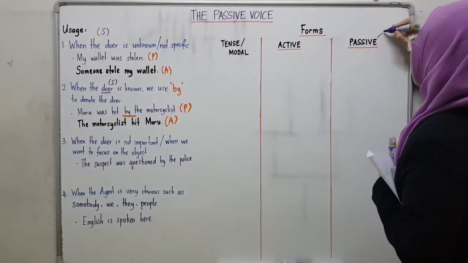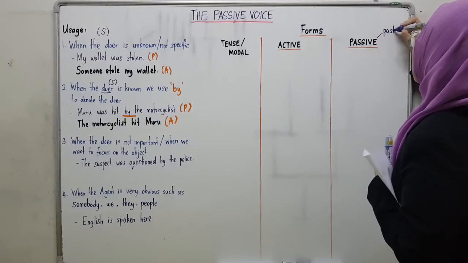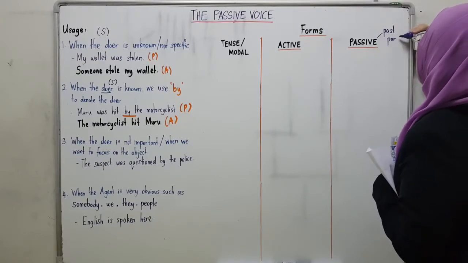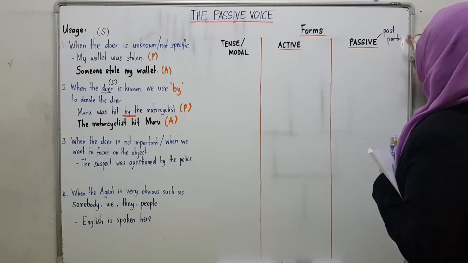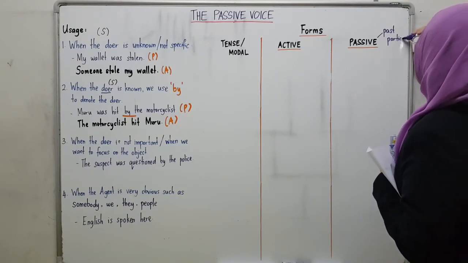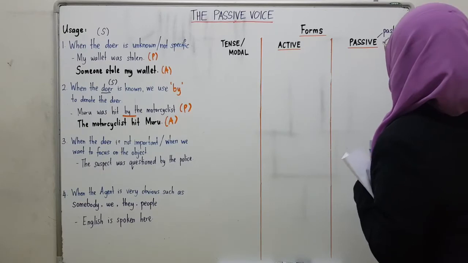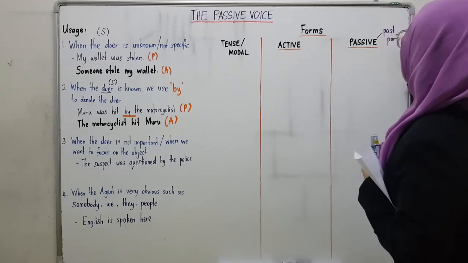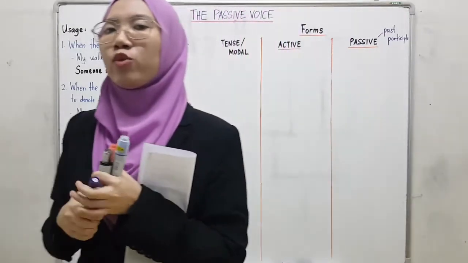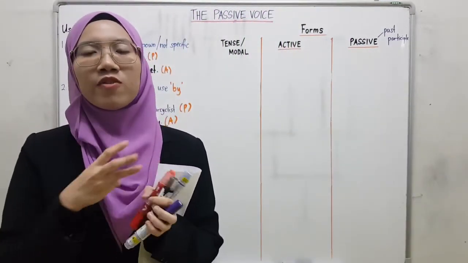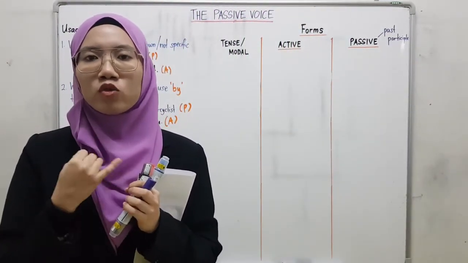So verb, past participle. So apa ni past participle verb? So in English, actually we have 3 different forms of verb. Verb 1, verb 2, verb 3.